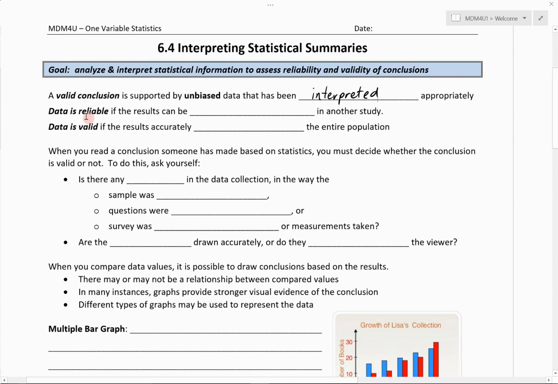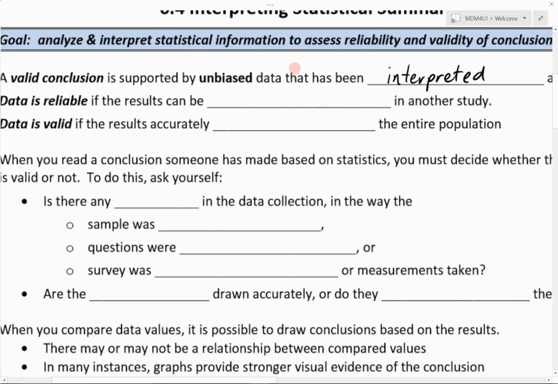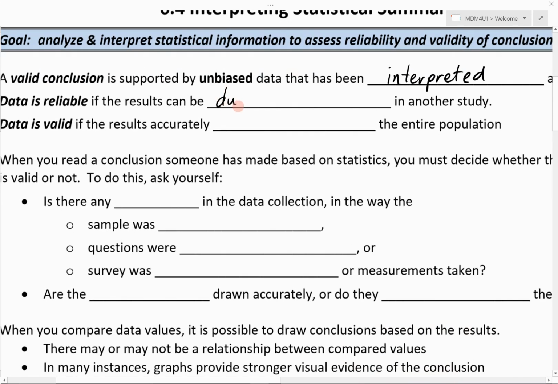So, reliability of data. Is data reliable? The data is reliable if the results can be duplicated in another study. This is very common in academic circles, where if you want to verify another researcher's results are true, then that researcher should be able to provide the data in such a way that it can be duplicated.